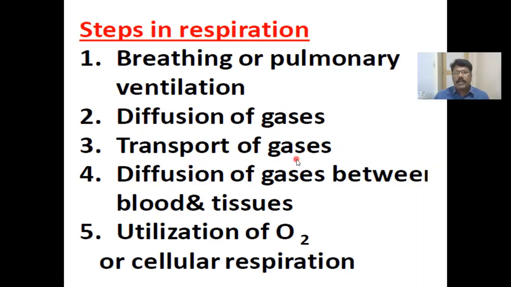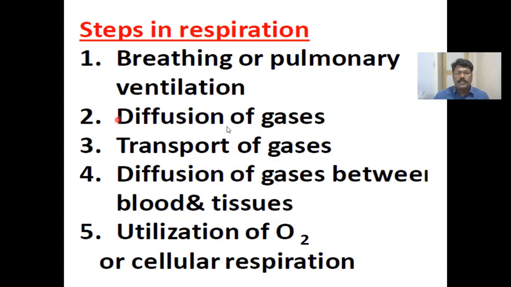Now the transport of gases, that means the oxygen will be transported through the blood and it reaches the tissues through the blood capillaries. And again, there is a diffusion of gases between the blood and tissues. So that means diffusion takes place at two places. One is at the alveoli, and the second one at the tissues.